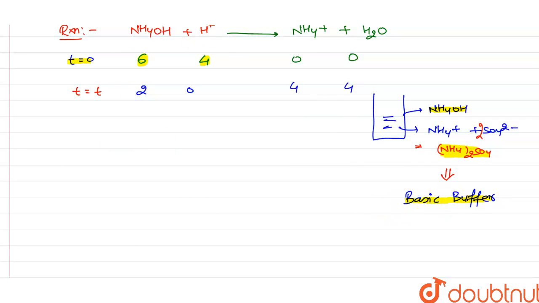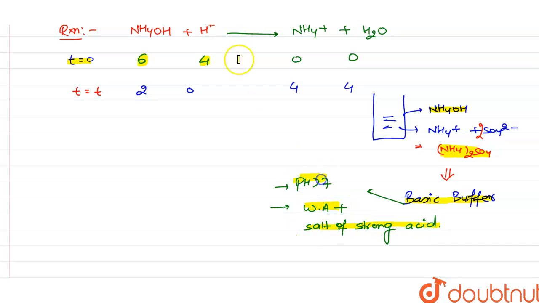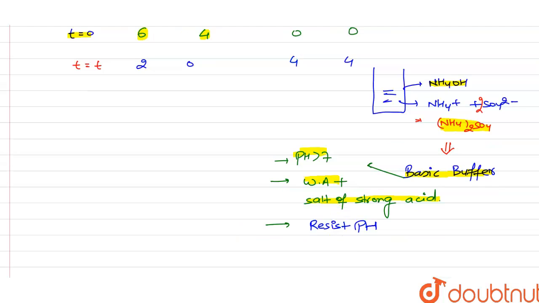Basic buffers have some properties: the pH is greater than 7, and it is formed by a weak base plus the salt of a strong acid. Here the strong acid is H2SO4. One important property of a basic buffer is that it resists the change in pH when a small amount of acid is added.